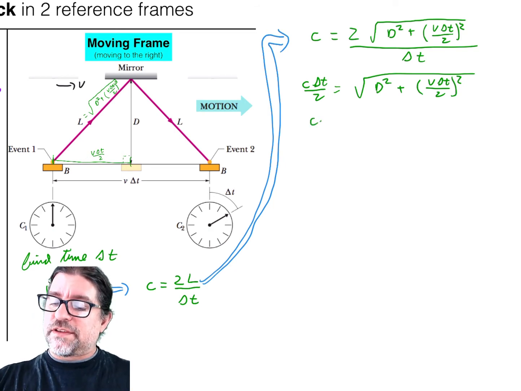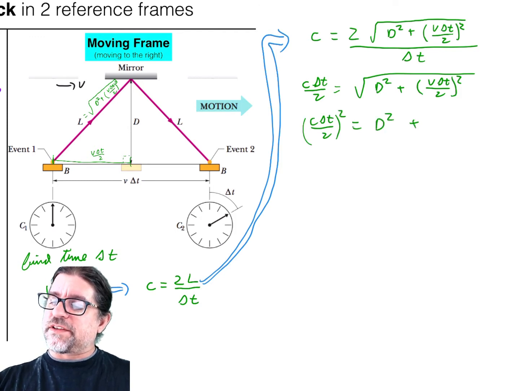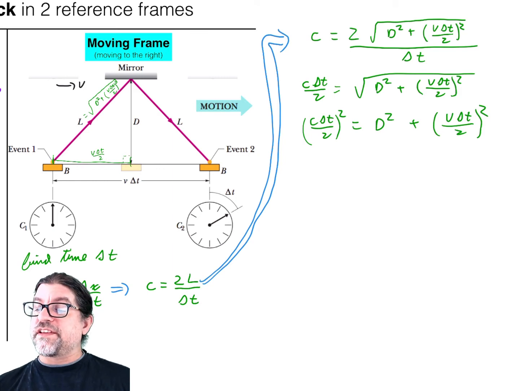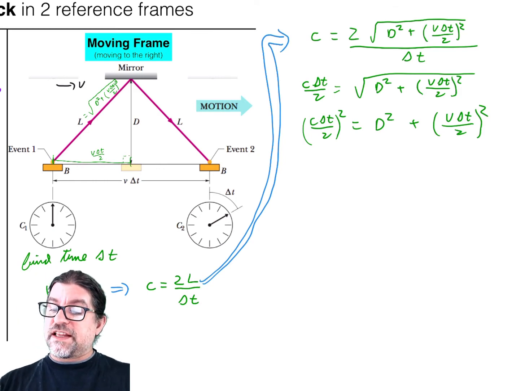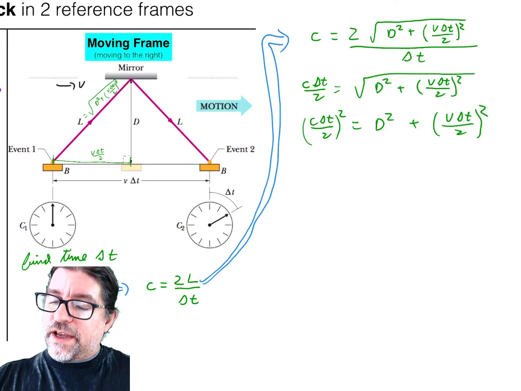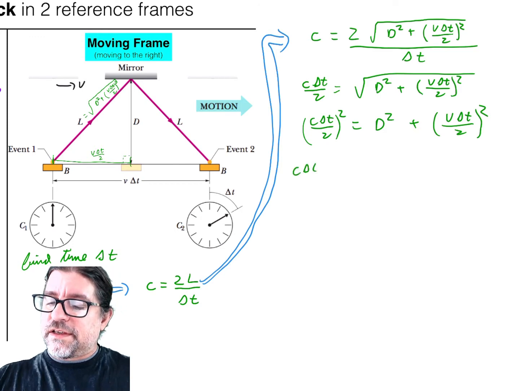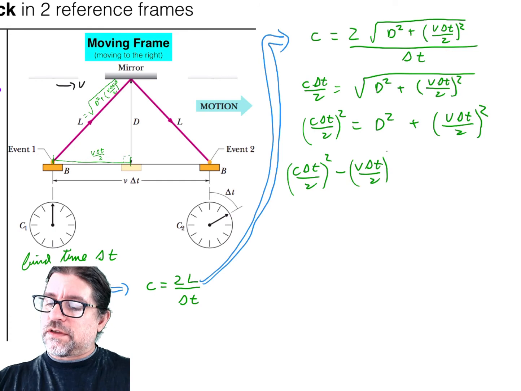So I end up with (c delta t over 2) squared equals d squared plus (v delta t over 2) squared, right? The whole point of this is to solve for delta t. So let me move the delta t terms to the left-hand side, and I end up with (c delta t over 2) squared minus (v delta t over 2) squared is equal to d squared, right?